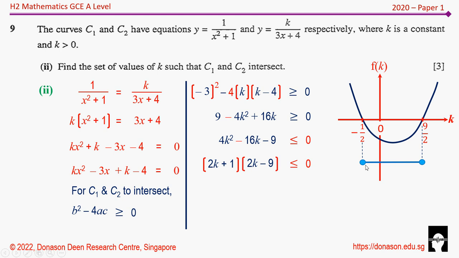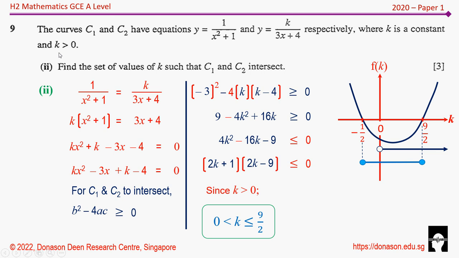So k must be between minus half and 9 over 2, both inclusive. However, if you look here, k must be positive, right? So since k is positive, of course it has to be only on the positive side of k, but it is not to include the 0, right?